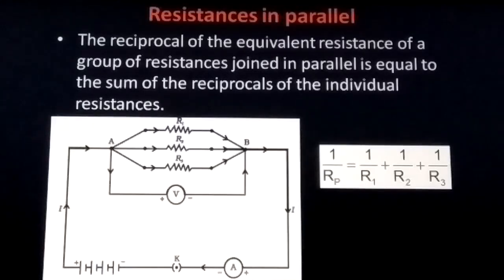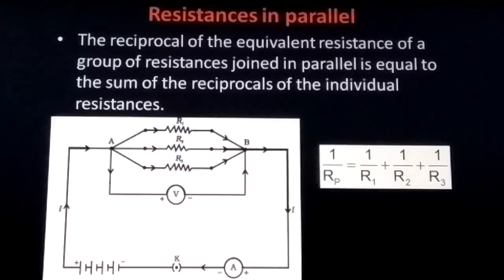Students, understand? Then they are said to be a parallel connection.